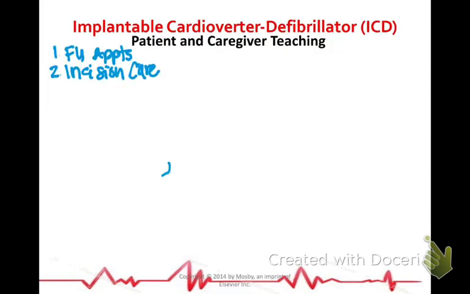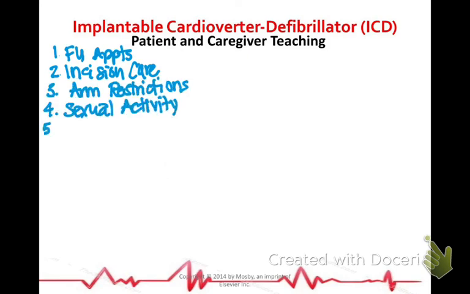Basically same teaching. Follow-up appointments. Make sure they know incision care, arm restrictions. Sexual activity with this one is the same: when they can climb a flight of stairs, or sometimes it'll just be when they visit the doctor for the second visit.